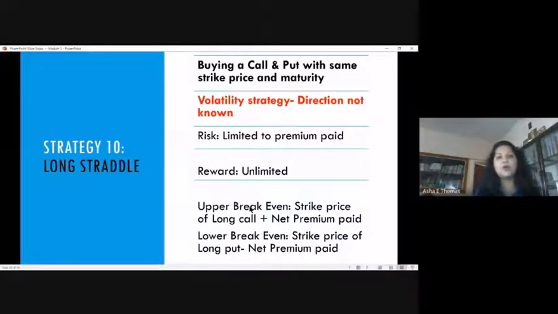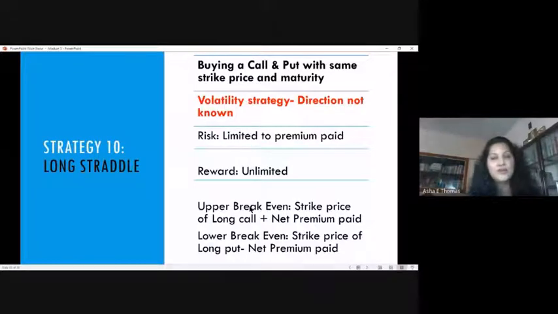You know that there is volatility. It's not stable, so you know there is a swing. That's the type of benefit you take by going for a long straddle. And here you have an upper break-even point and a lower break-even point. The upper break-even point is the strike price of your long call plus the net premium paid, and the lower break-even point is the strike price of the long put minus the net premium paid.